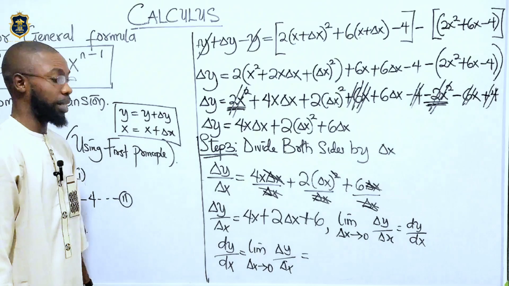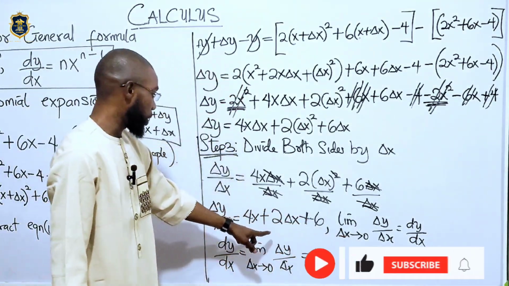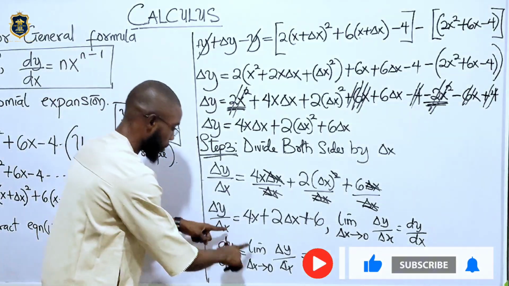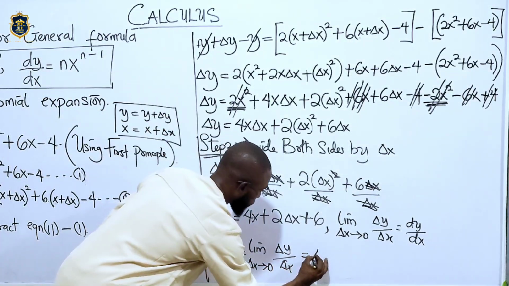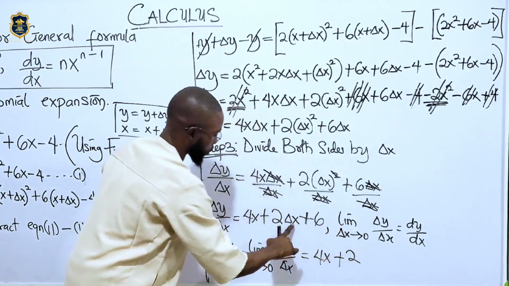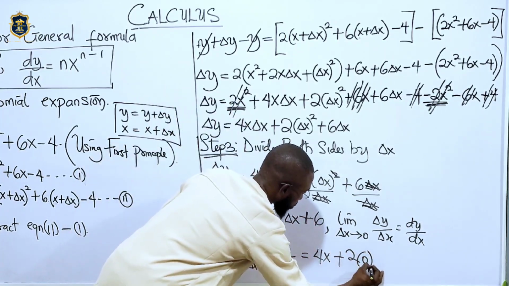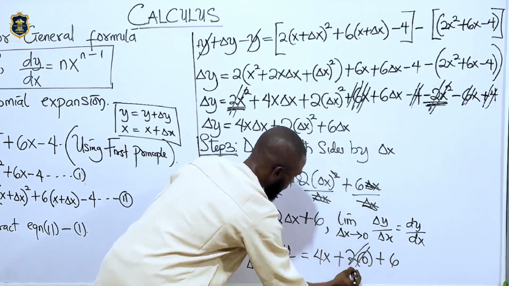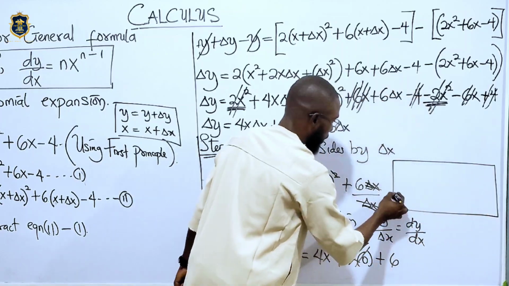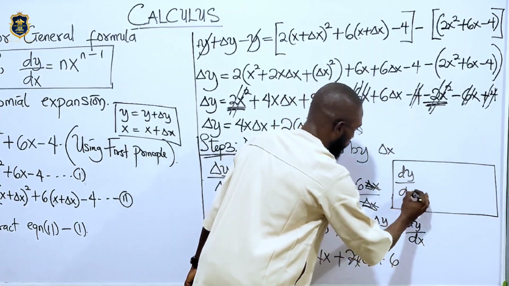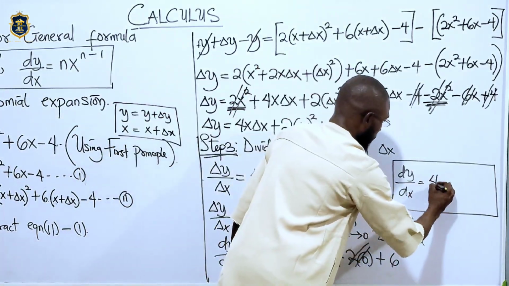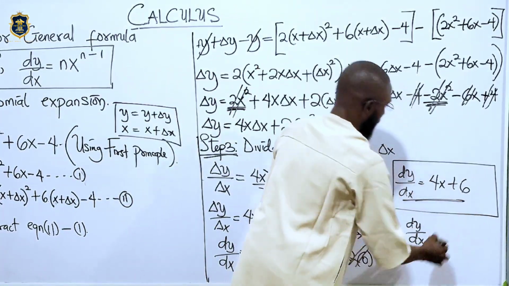What that simply means is that wherever we see delta x in this function, we turn it to 0. So the function is 4x plus 2 change in x plus 6. Reducing change in x to 0, it becomes 0, and that term is gone. So our dy over dx is 4x plus 6. That's by differentiation.